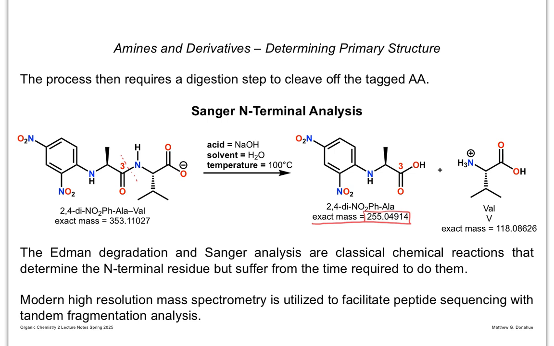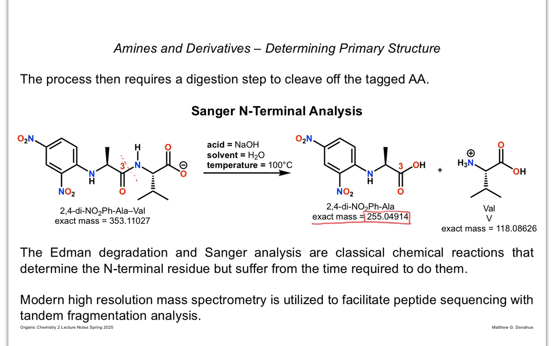So again, one of the issues with this is you're chopping the sequence up one residue at a time, so it's very lengthy. And you can imagine if this side chain goes longer and longer, when you get to this hydrolysis step, you're really only able to identify what one of the N-terminal residue is.